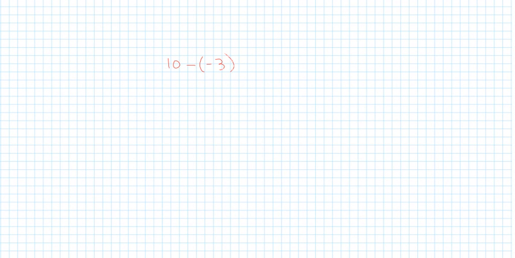When you have two signs right after each other, you have to take care of that first. Two negatives that follow each other become a positive, because I know that when I multiply a negative by a negative, it becomes a positive. So that's the same thing as writing 10 plus 3.